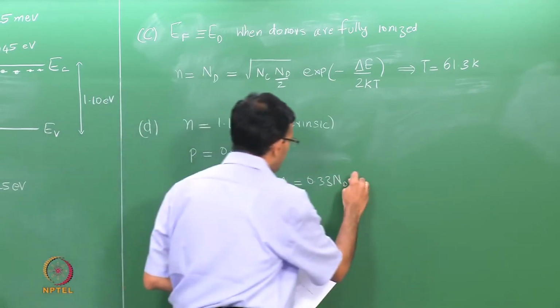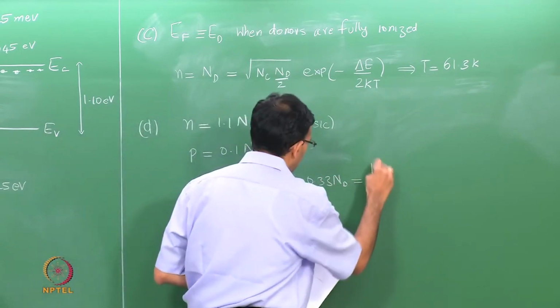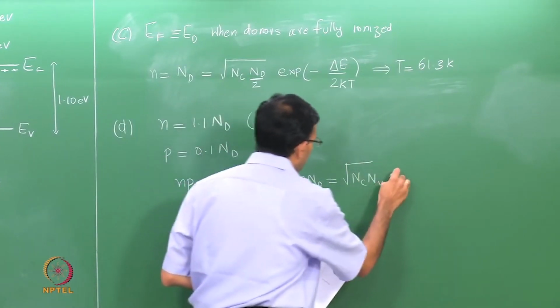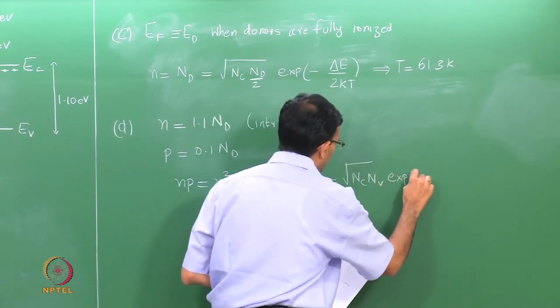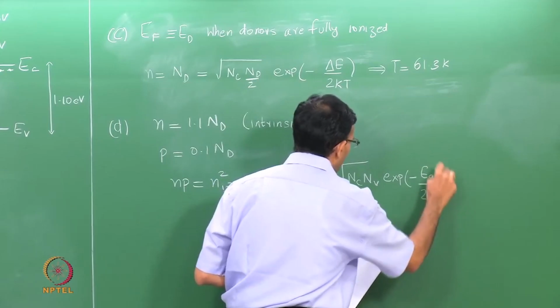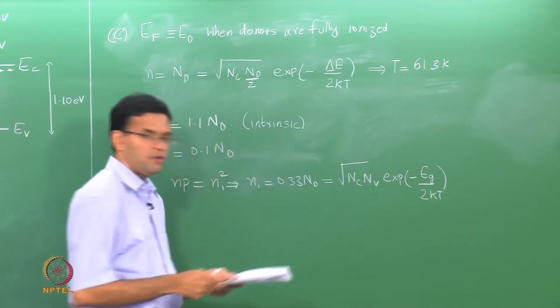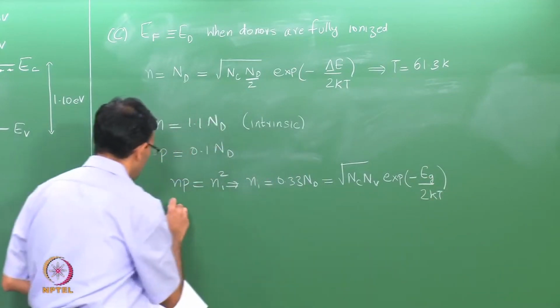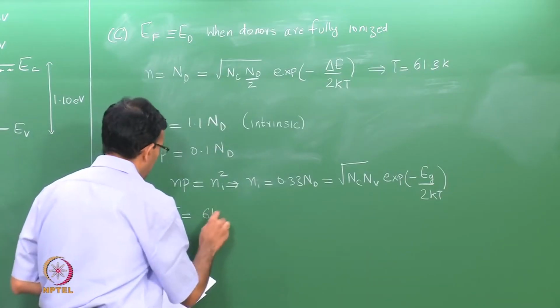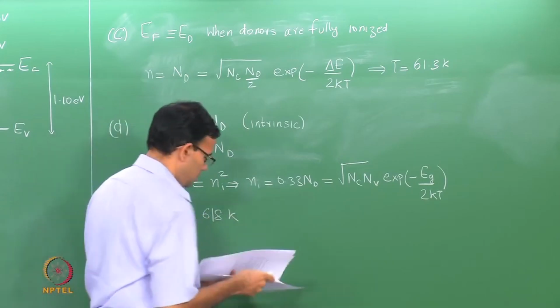This is your intrinsic carrier concentration. This is now the square root of Nc Nv, the conduction and valence band density of states of silicon, exponential minus Eg over 2 kT. We can substitute the numbers. Temperature T is around 618 Kelvin.